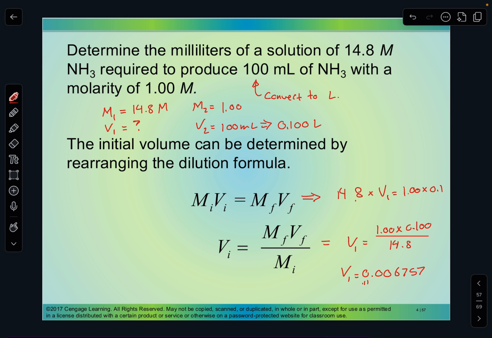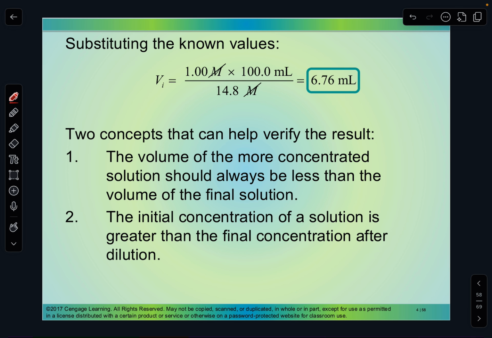This is a 3 sig fig problem, so we will say 6.76 times 10 to the negative 3 liters.